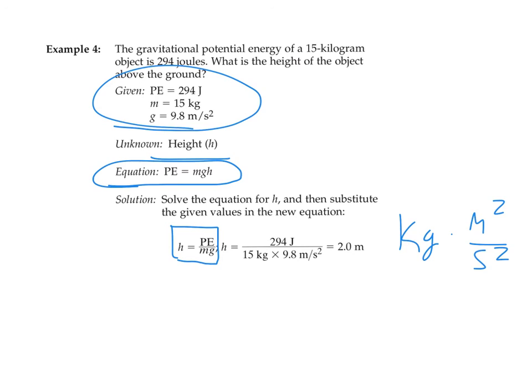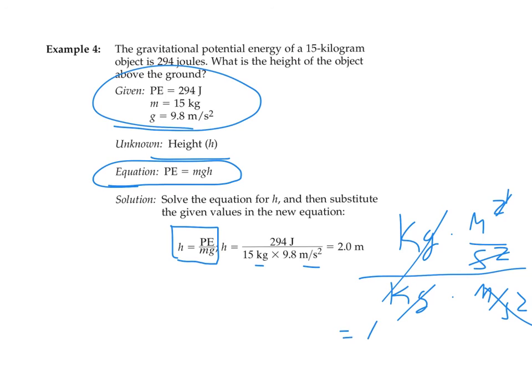And below that, we have our kilogram here and our gravity here, which is meter per second squared. Once we cancel these out, what is left? Meters. So the final answer is 2.0 meters.